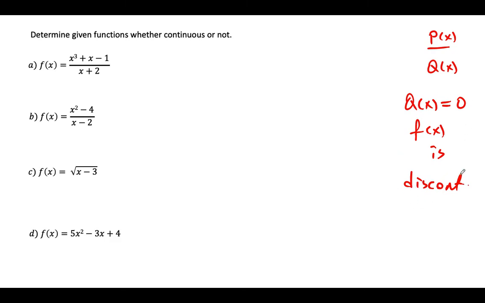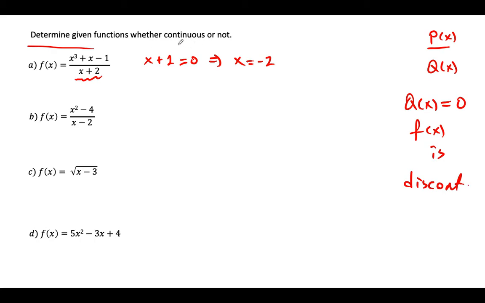So all the other cases f of x is continuous. So when I look at this question, x plus 2 is equal to 0, x is equal to negative 2. So my function is continuous everywhere except x equals negative 2.